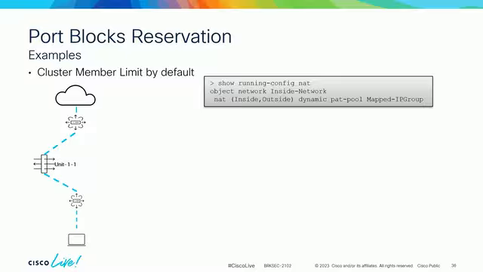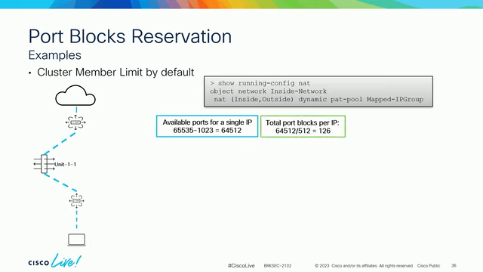So XLATEs are going to be built from 1024 to 65,000. Taking into consideration that each port block will have a size of 512, we have 126 port blocks per PAT IP address.